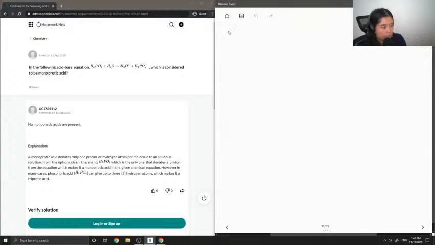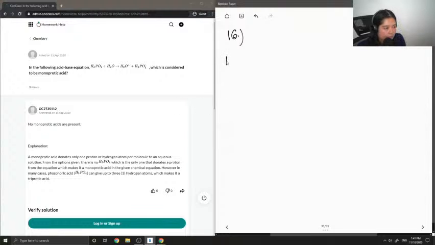Okay, so moving on to question number 16. In the following acid-base equation, H3PO4 plus H2O makes H3O plus H2PO4 minus, which is considered to be a monoprotic acid.